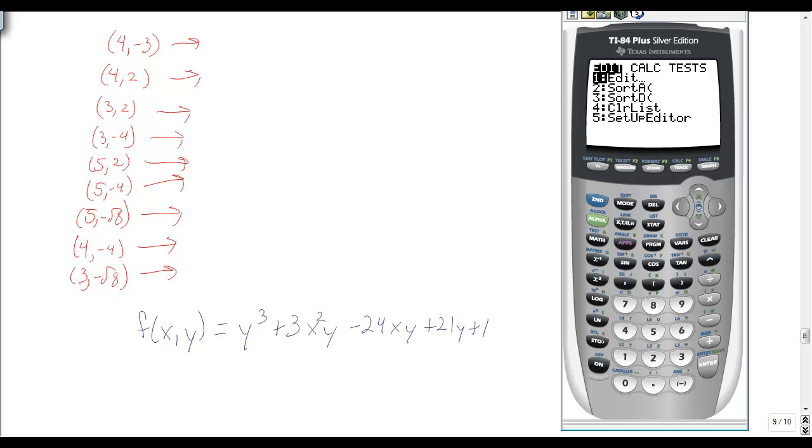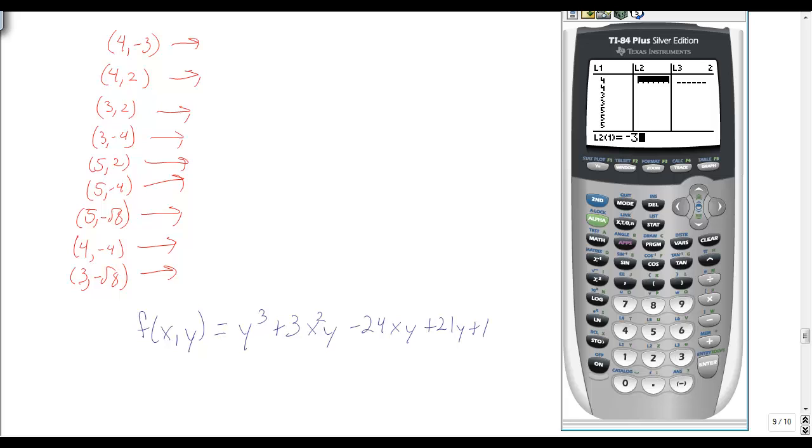That will give me an edit which will get me to my lists, and I can put the x coordinates in L1 and the y coordinates in L2. So I have a 4, a 4, a 3, a 3, a 5, a 5, a 5, a 4, a 3, and then I'm going to put the y coordinates in L2 matching up the order.